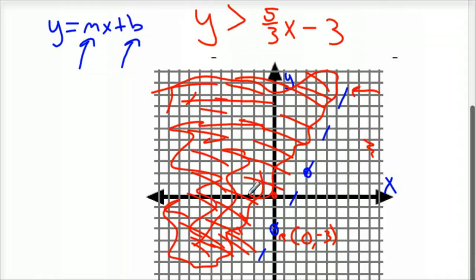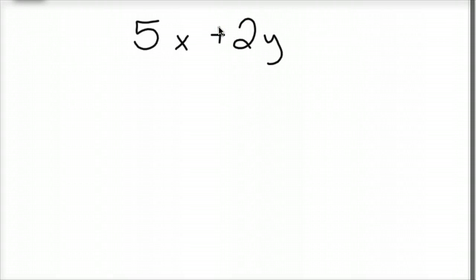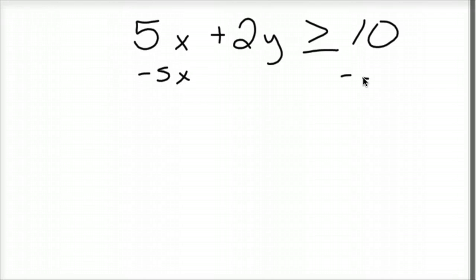So it's a way to show all of the true responses. Let's compare that to another equation. Here's a second example. Let's say you had 5x plus 2y is greater than or equal to 10. Again, I would solve for y, so minus the 5x.